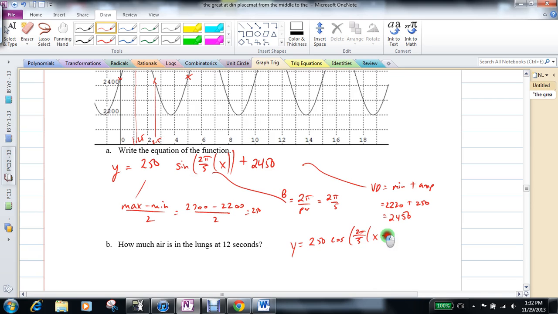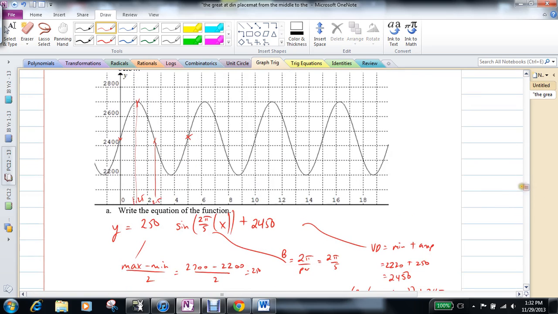We are moving right, so it's going to be minus 1.25, plus 2450. Either way you slice it, I think the easiest one would have been to use the starting point that I did with the sine function.